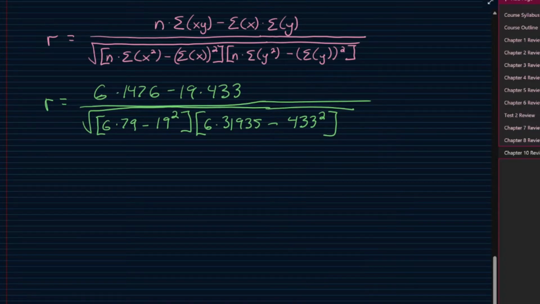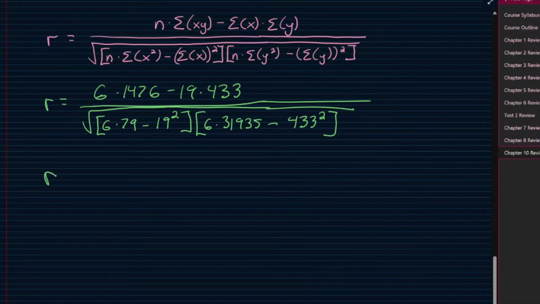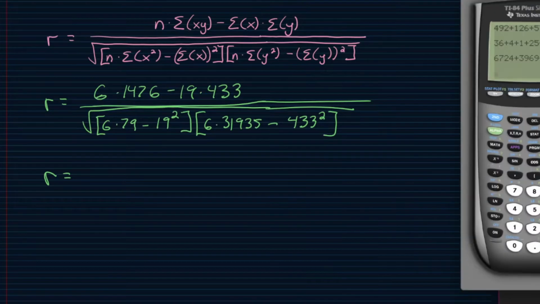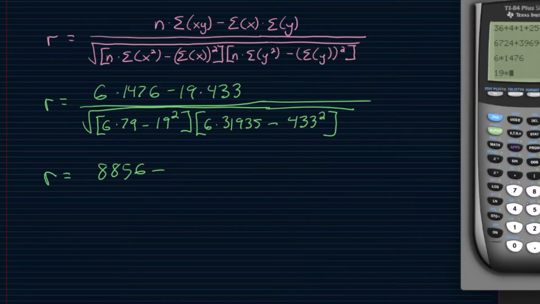Okay, so I know it's definitely a pain, a big, huge calculation here. But all of this is compartmentalized now pretty well. We just have to plug and chug. So 6 times 1476 is 8856, minus, what's 19 times 433? It's 8227.